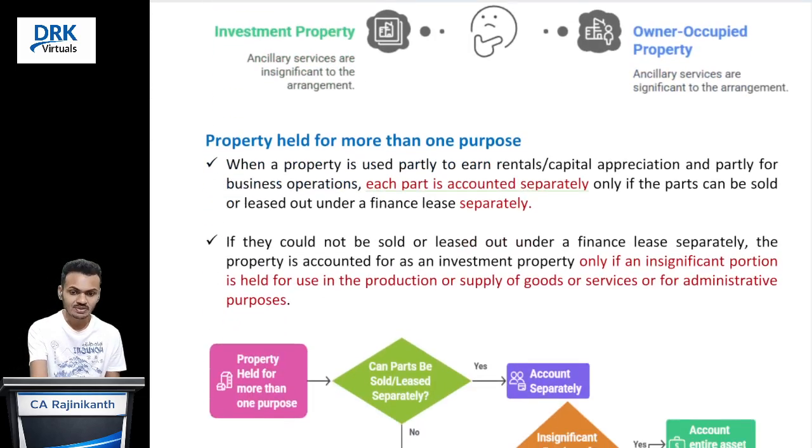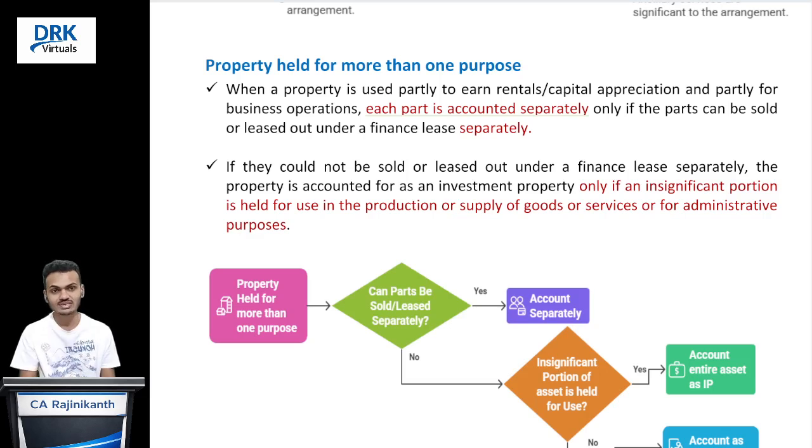And next one, property held for more than one purpose. Suppose a property is held for providing rental services or held for capital appreciation purpose as well as using for our business. What I am saying, suppose there is a two-floor building and ground floor is used for business and first floor is given on rent.